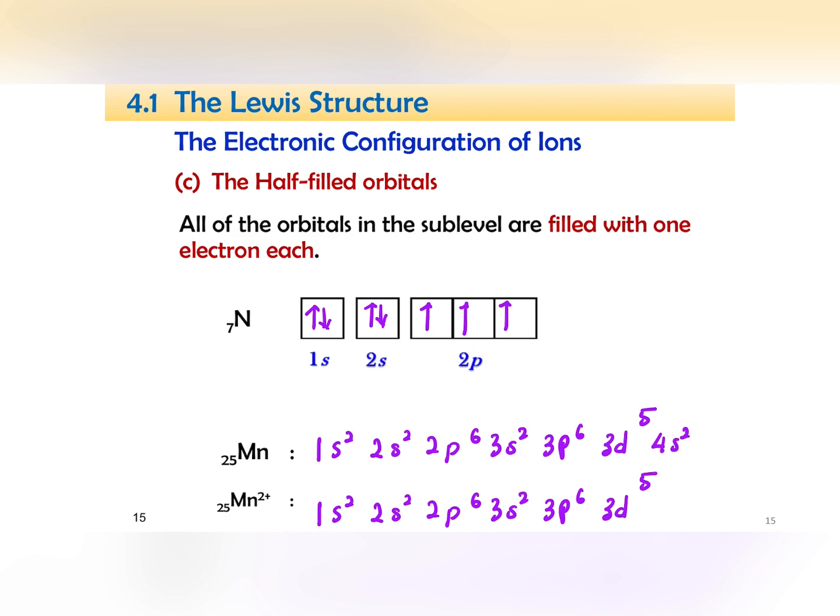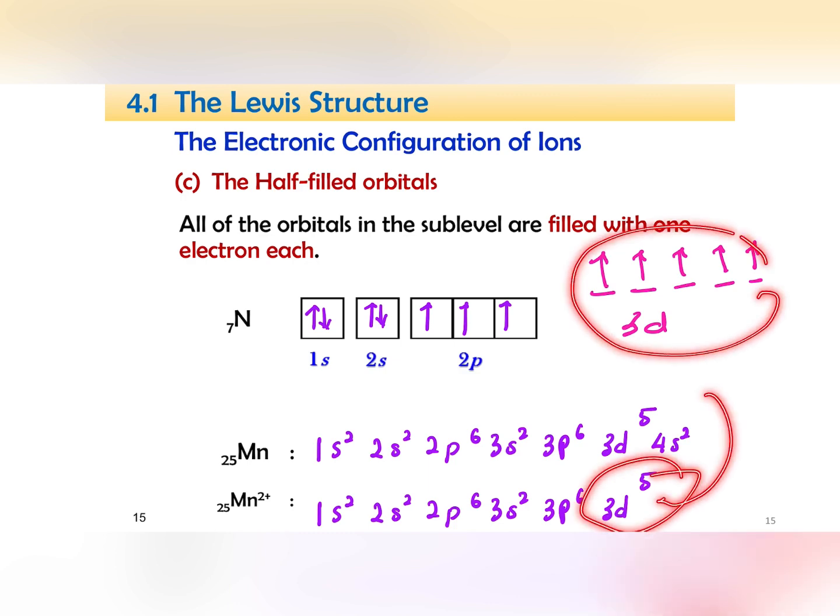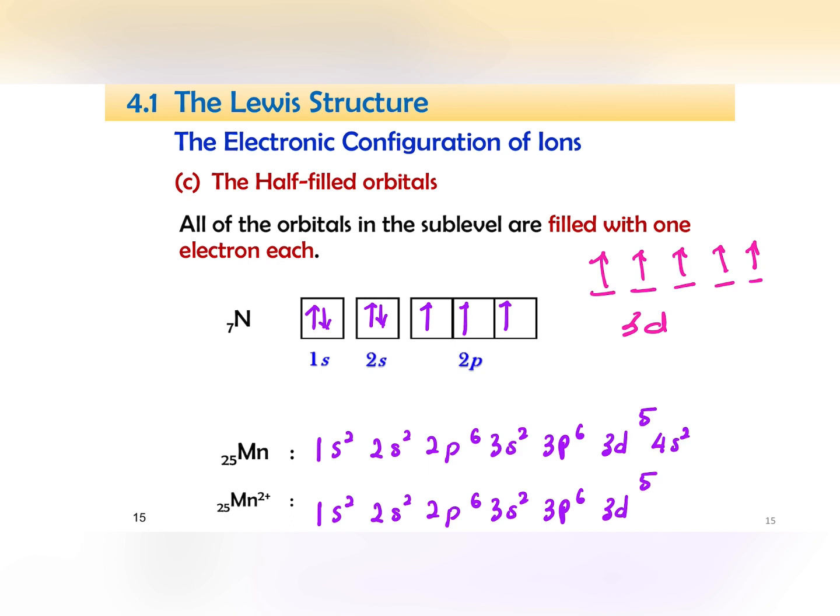So you can see here 3d5 ini, 3d5, 1, 2, 3, 4, 5, ada 5 platform. Okay, setiap satu tu ada satu elektron. So dia adalah half-filled orbital. Okay, so itu yang kita panggil sebagai stability of the half-filled orbital.